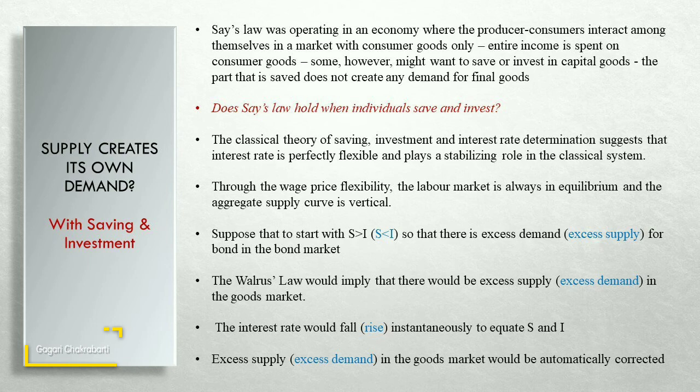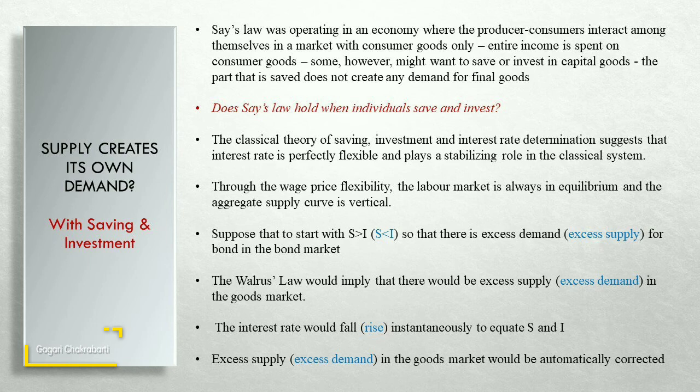Now, the reverse process will operate if, to start with, saving is less than investment. In that case, there will be excess supply of bonds in the bond market, and Walras' law would imply that there will be excess demand in the goods market.